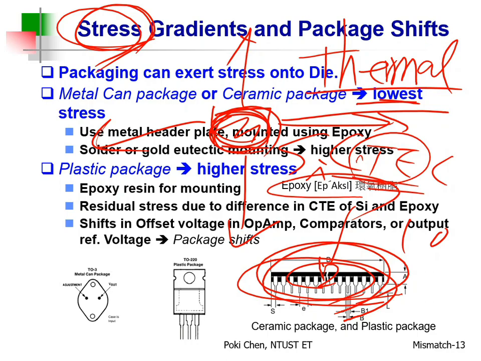The epoxy would like to expand, right? But the chip itself says no. It means what? The chip will be pulled away by epoxy. Got it? So totally, you need to face 3 kinds of stress: bonding, packaging, and thermal operation. It will make our life even more harder, even more complicated. But this is the way we can survive.